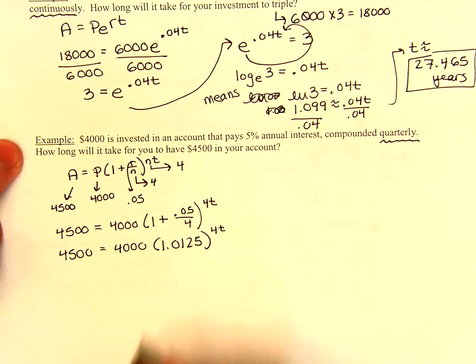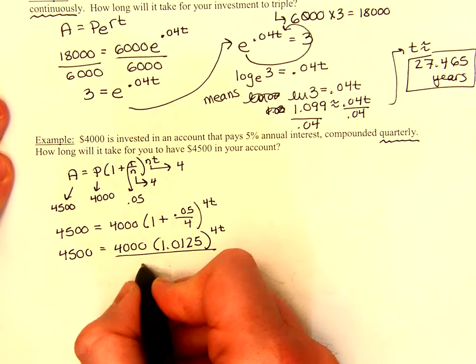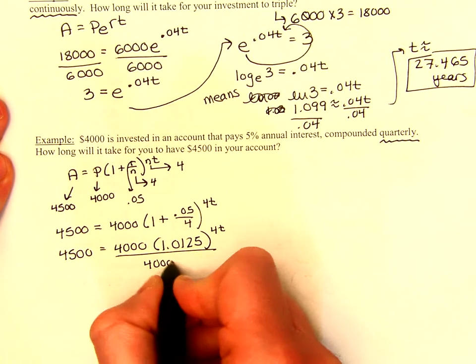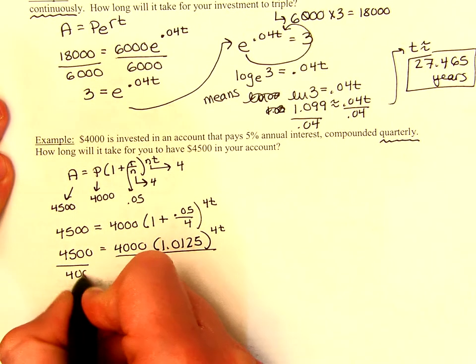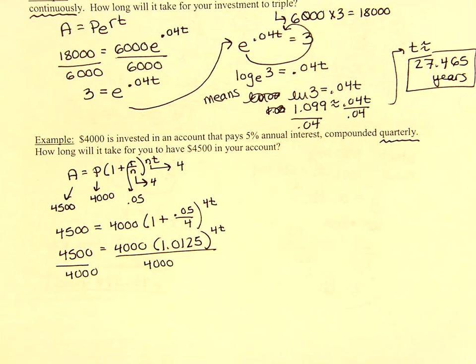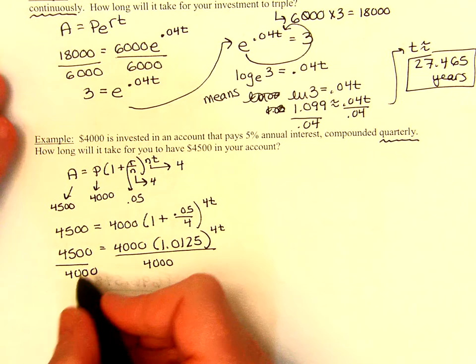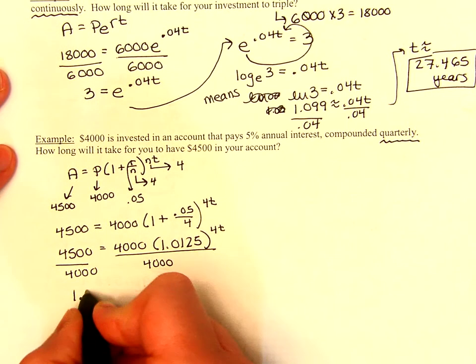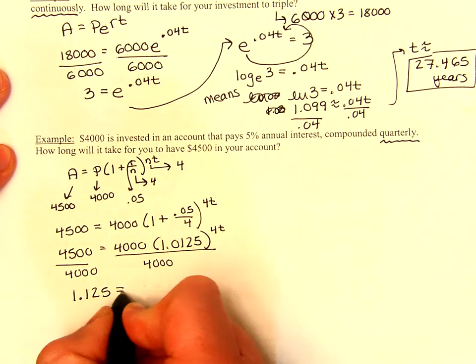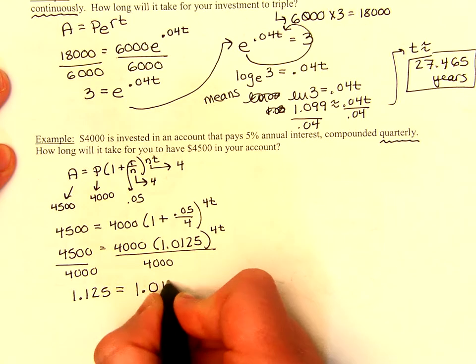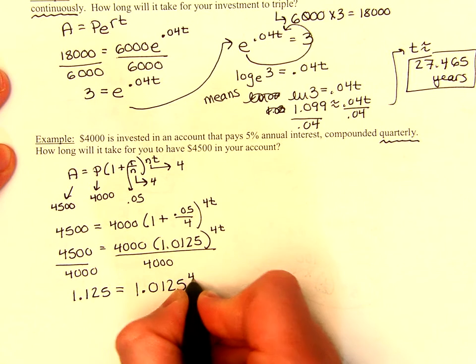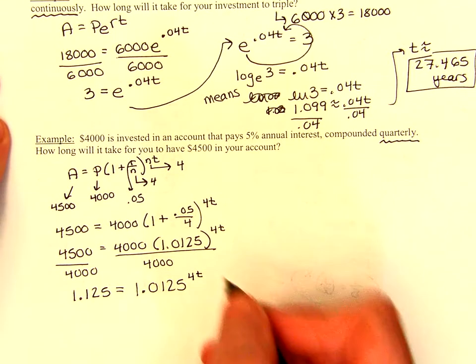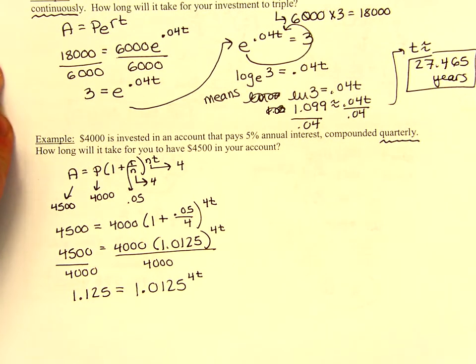And then I'm going to divide both sides by 4,000. It does divide nicely, so I guess I'll just use the terminating decimal here. Otherwise, I should really leave it as a fraction to make sure my final answer is as exact as possible. 1.125 equals 1.0125 to the 4t.